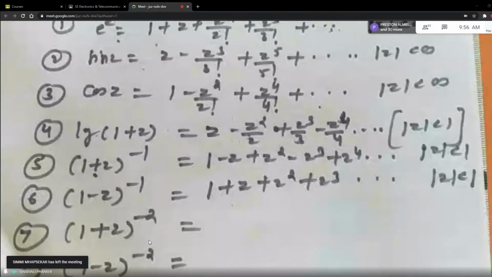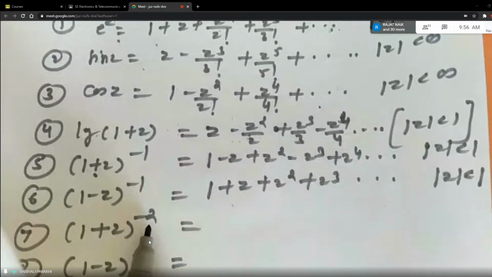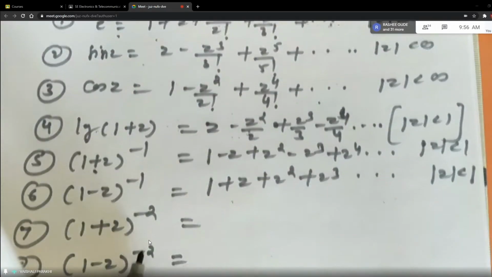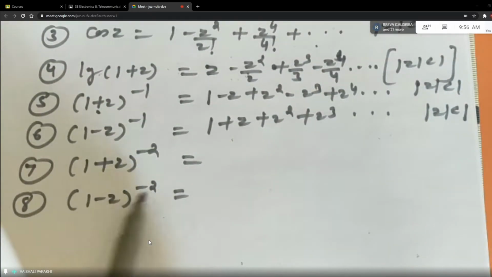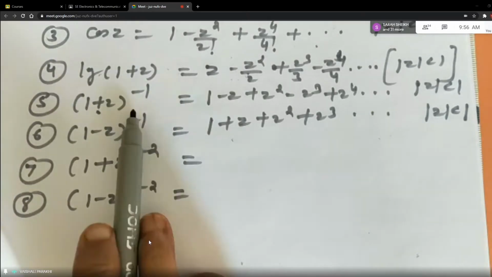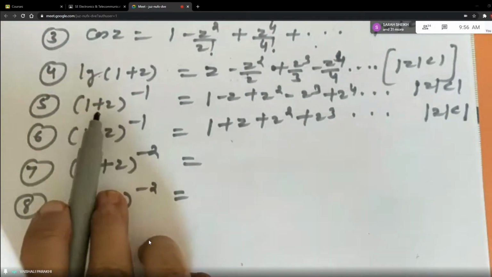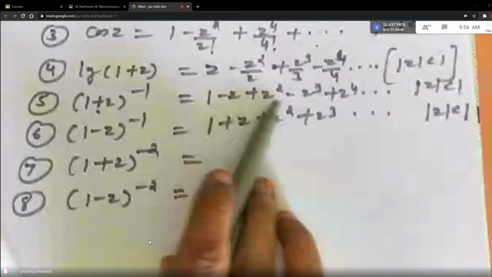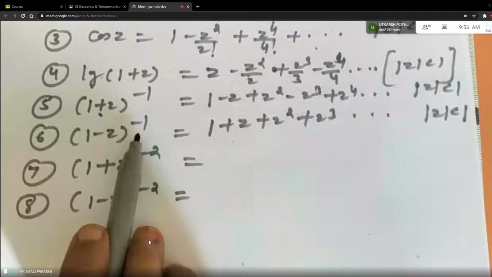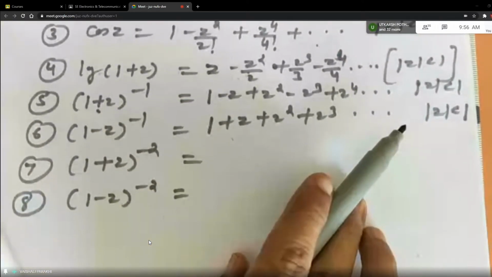The seventh one will definitely be alternating because, as I told you, when the middle sign and the sign of the exponent are opposite, always the series will be an alternating series. And when both the signs, the middle sign and the sign of the exponent, are the same, it will be with all terms positive. So the same rule we have used for series number 5 and 6, isn't it? See, middle sign is plus and exponent is minus, so I got an alternating series here. Whereas middle sign is minus and the exponent is minus, so all terms here I'm getting positive.